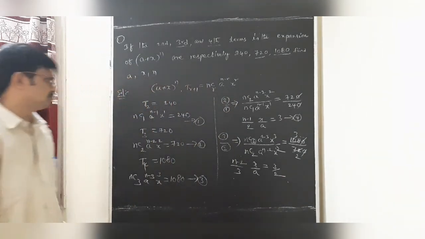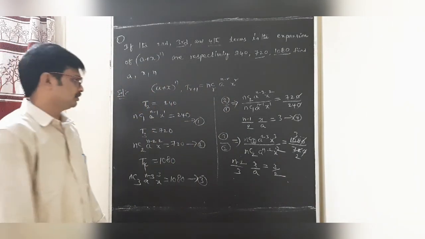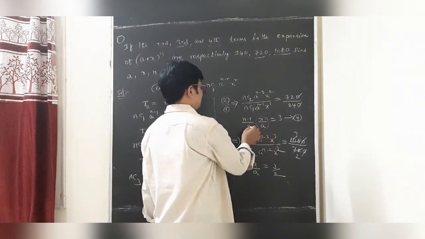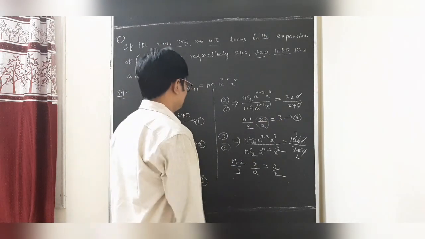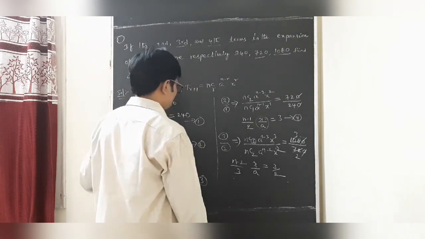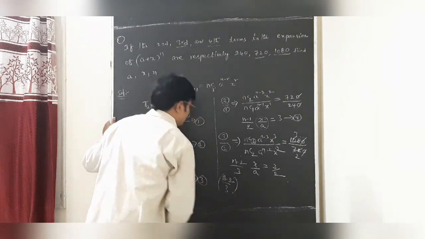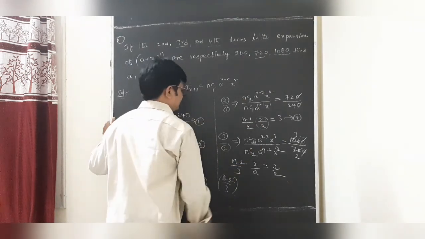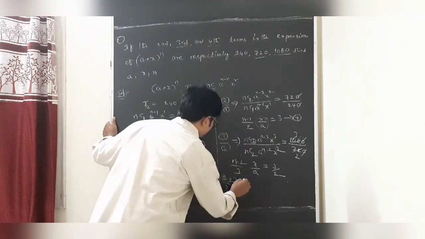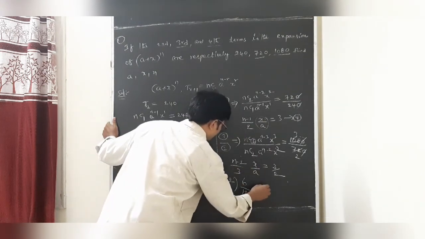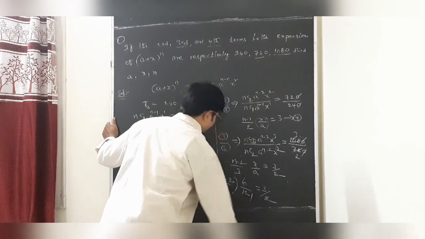We can write x by a is 2 3s are 6 by (n-1). So students, the x by a can be written as 2 into 3, 6 upon (n-1), equal to 3 by 2.